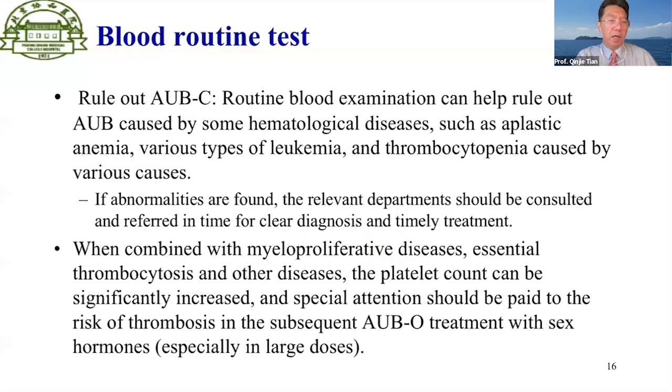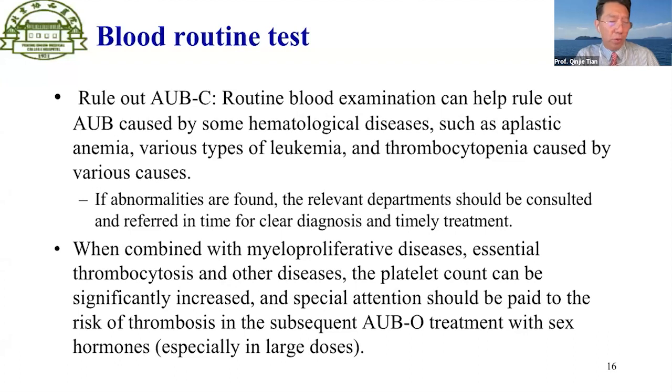Routine blood analysis can aid in the exclusion of AUB from hematological disorders such as aplastic anemia, various forms of leukemia, and thrombocytopenia caused by diverse etiologies. If any abnormalities are detected, it is imperative to promptly consult the relevant specialist and make appropriate referrals for accurate diagnosis and timely intervention.